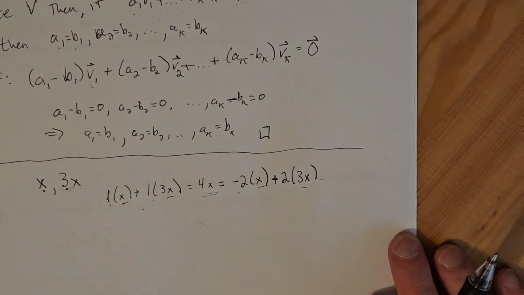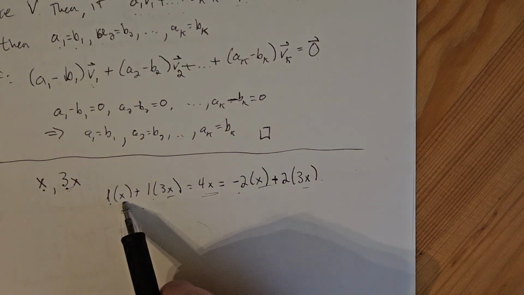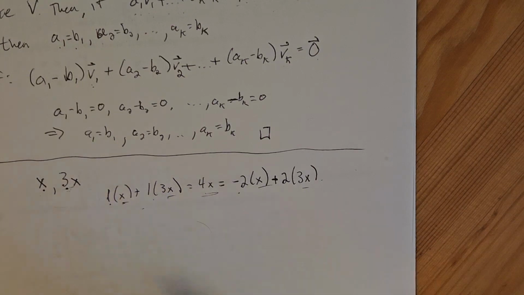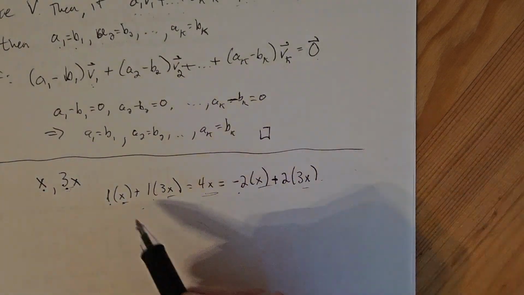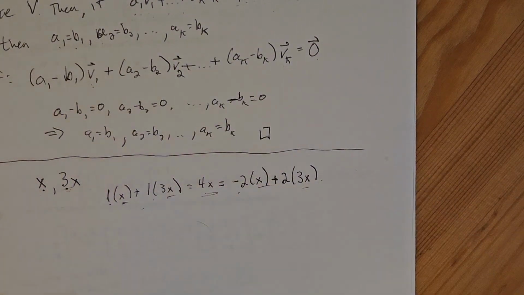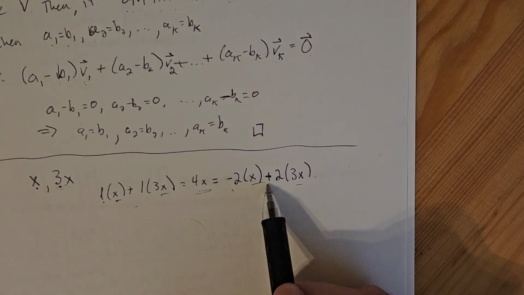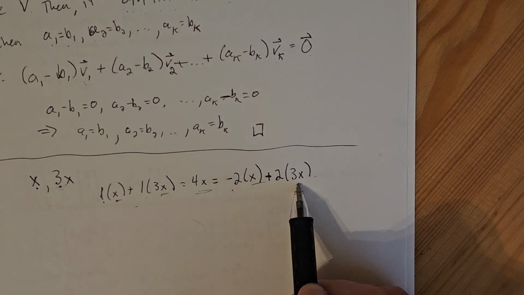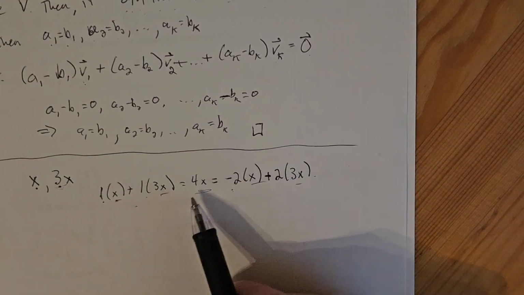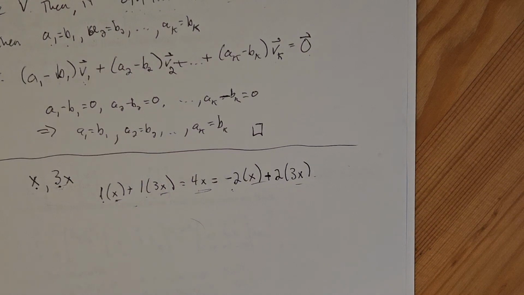But notice, if we take 1 times the vector x plus 1 times the vector 3x, well, that's 4x. That's not the only way we can write out 4x. We could have also written negative 2 times the vector x plus positive 2 times the vector 3x, right? We get 6x minus 2x is also 4x.